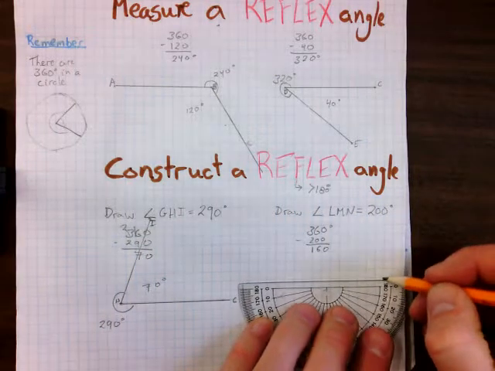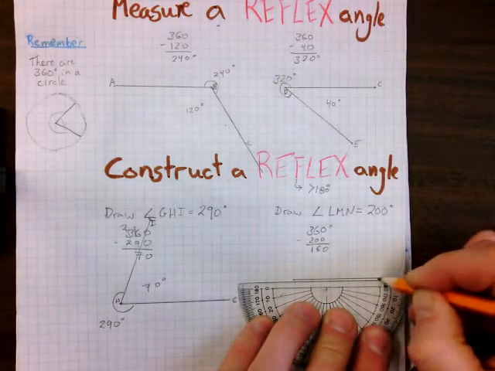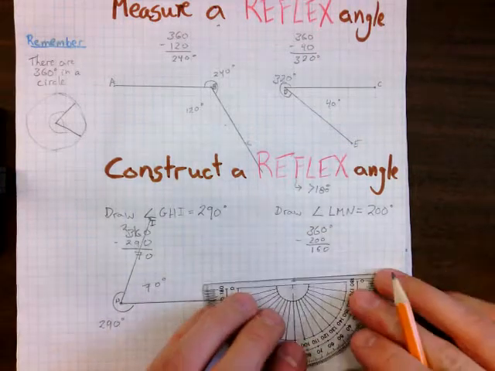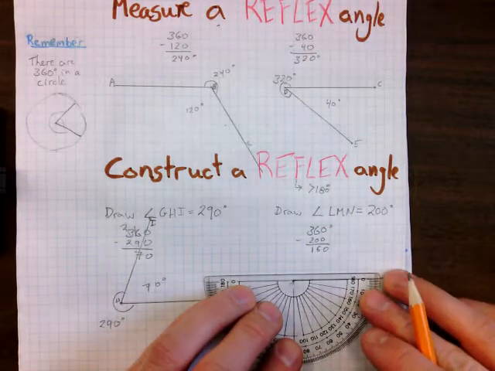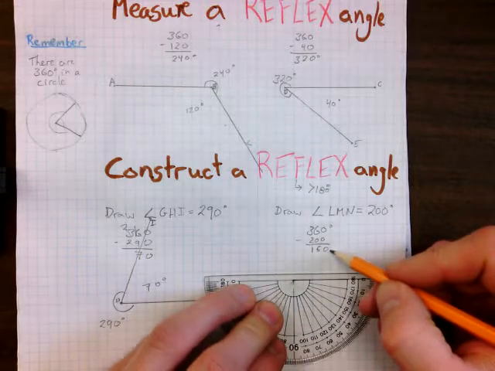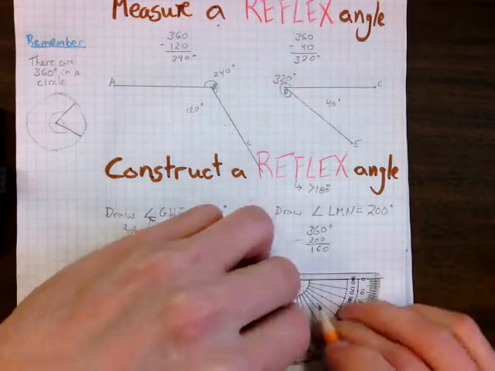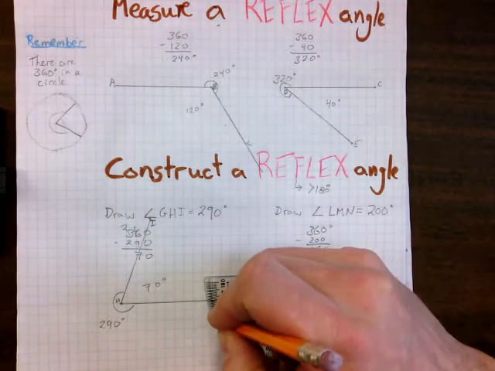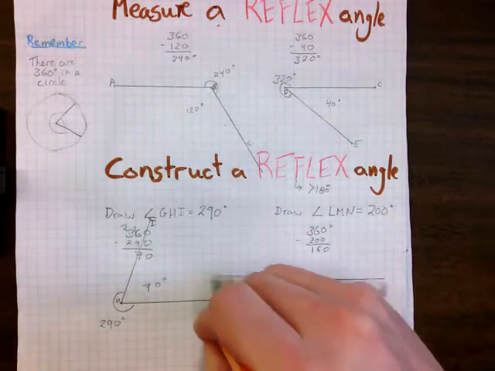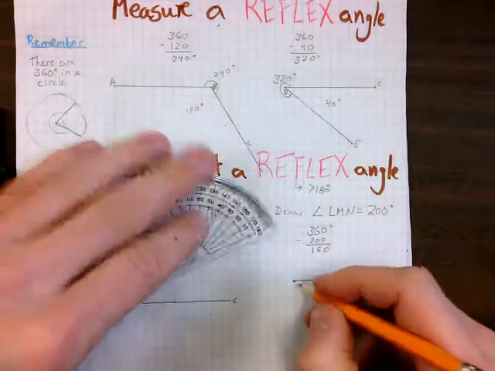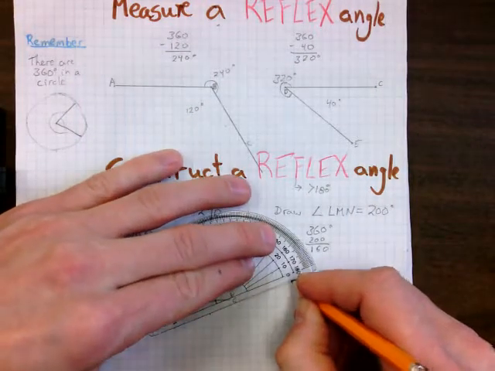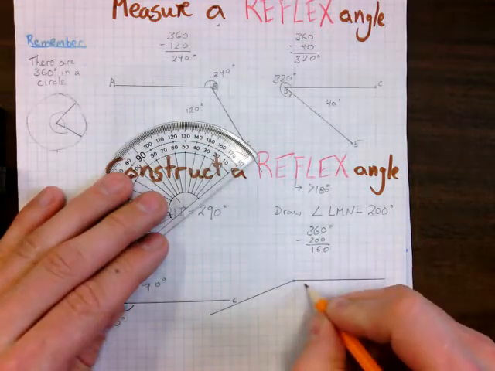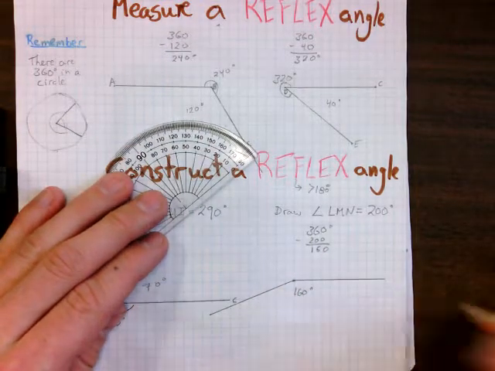Start by doing a straight line. This time I'll do it upside down so it's not running into my work. I'm measuring the subtraction we did, 160 degrees. Maybe right here. Okay, so this inner angle here is 160 degrees.